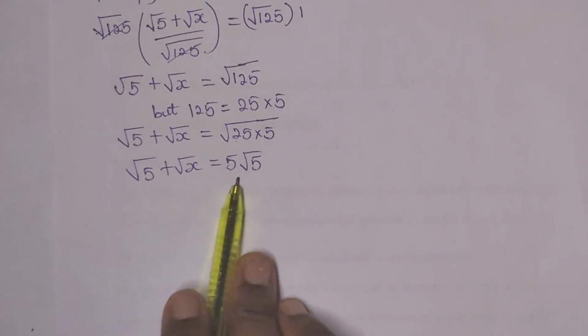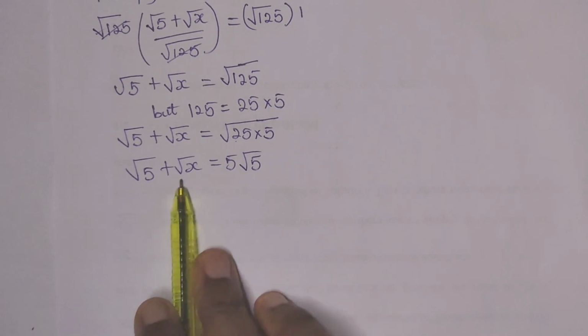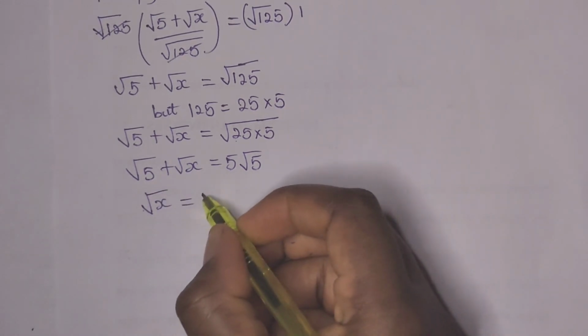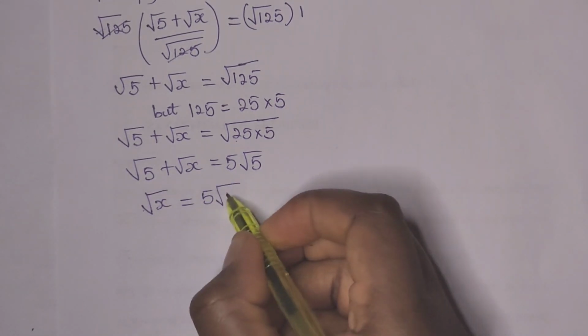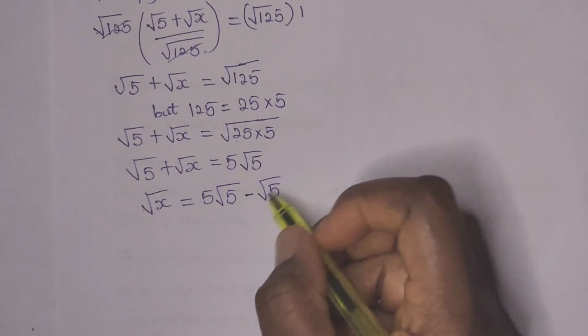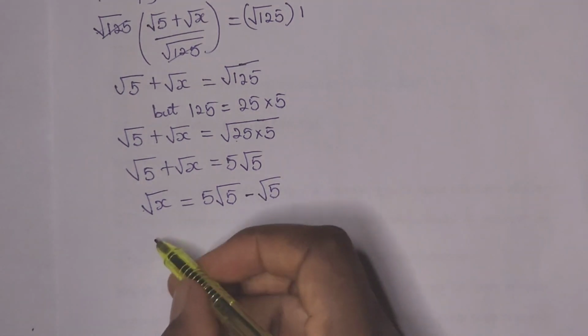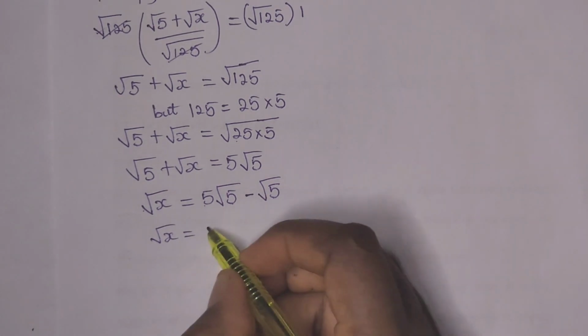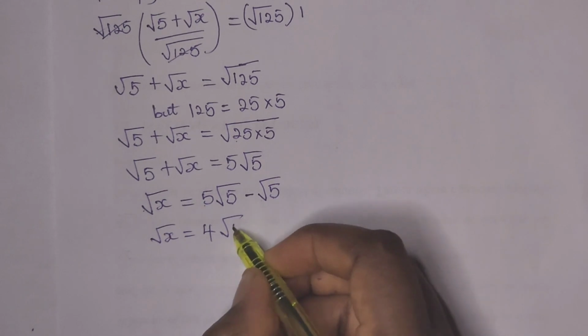So we'll be making x the subject of the formula. So we have root x equal to 5 root 5 minus root 5. So this will be root x equal to 5 minus 1 is 4 root 5.